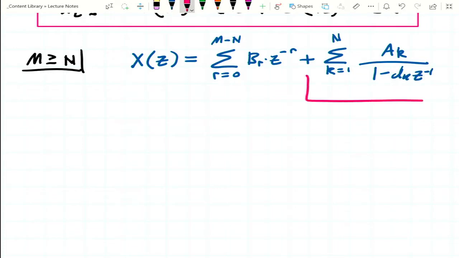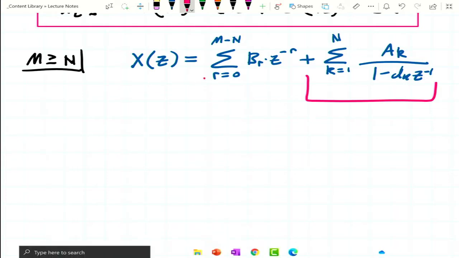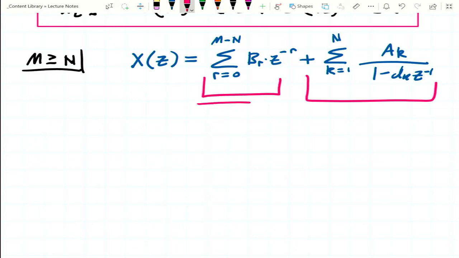So this part will be exactly the same as it was before, right? We're going to break it out, we're going to solve for A of K, we're going to get our stuff. But what makes it strange is we got to find now this business. And we got to find it first so that we can use it in the formula for A of K. So let's just jump in and do an example.